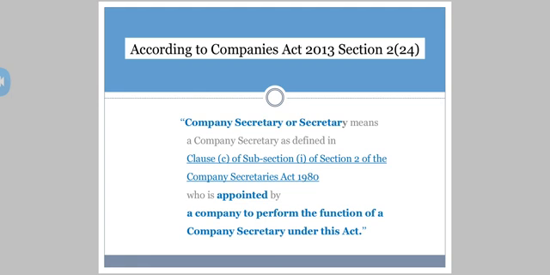Now see, there is one act, that is the Companies Act 2013, and in that act there are various subsections given, and in those subsections company secretary has been defined, and it says that a person who is appointed by a company to perform the functions of the company secretary under this Act. That means whatever work is assigned to a secretary under the Act is what the person is going to perform.